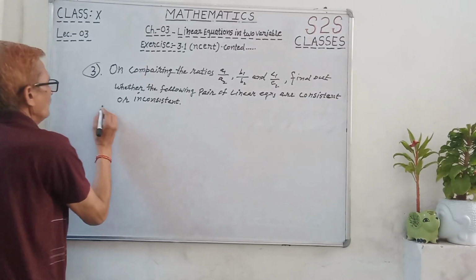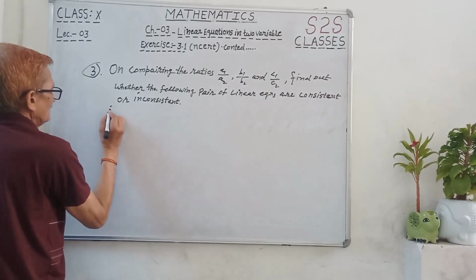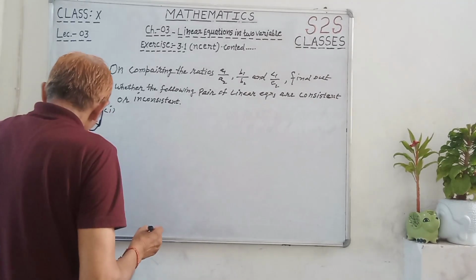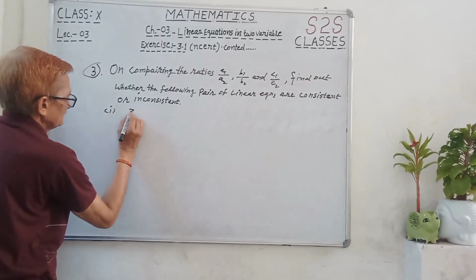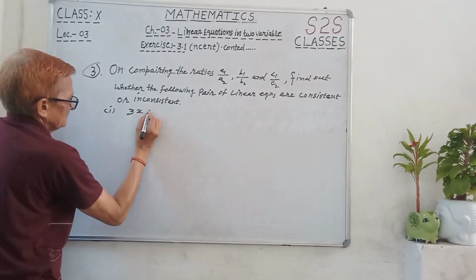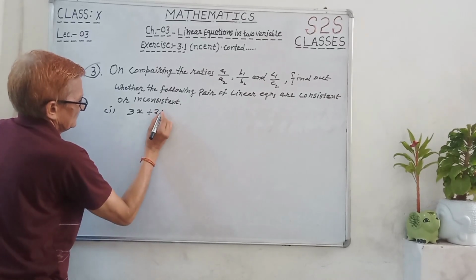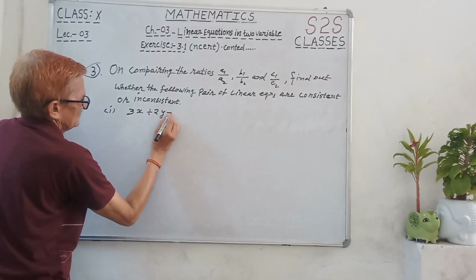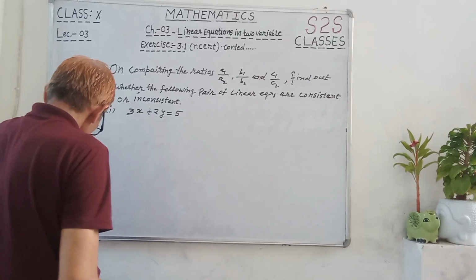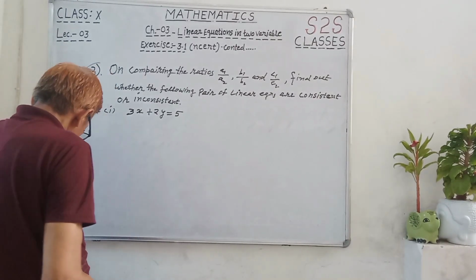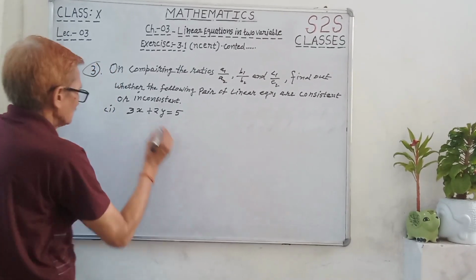Okay, now the first part. The pair of equations is given: 3x plus 2y is equal to 5. Second equation, 2x minus 3y is equal to 7.